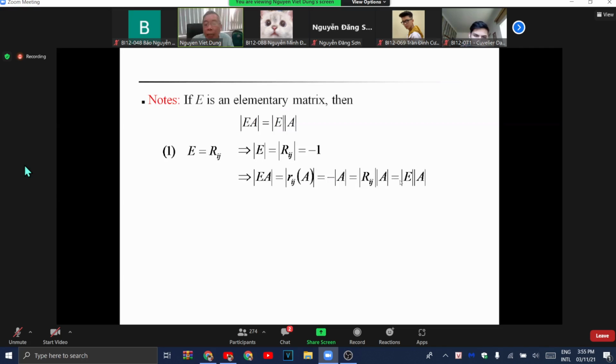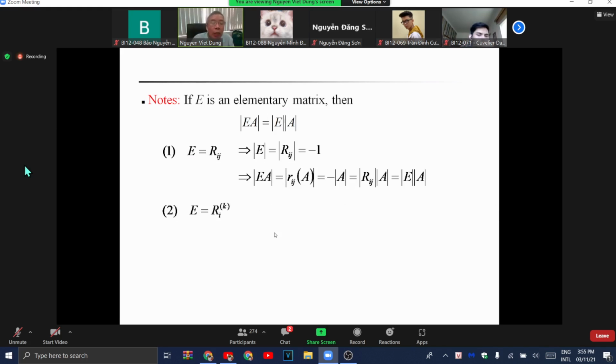So you get it here. So for the first kind of elementary matrix, we have that equality: the determinant of the product equals the product of the two determinants.